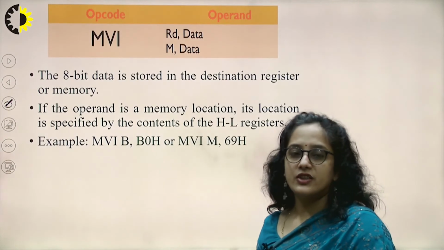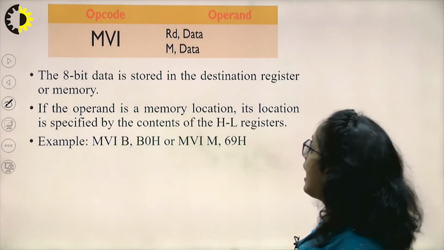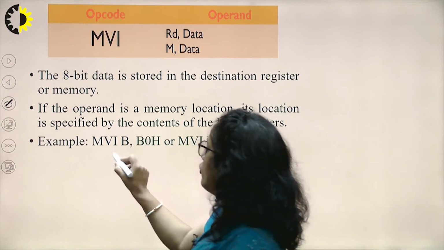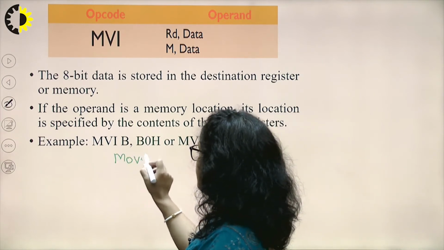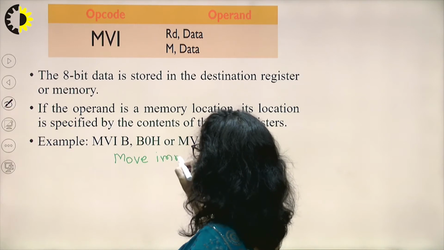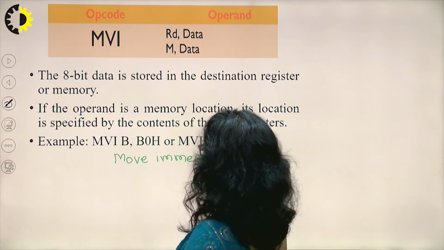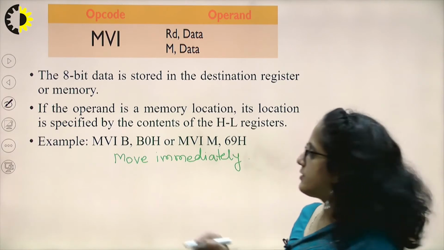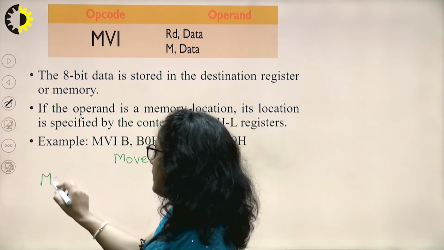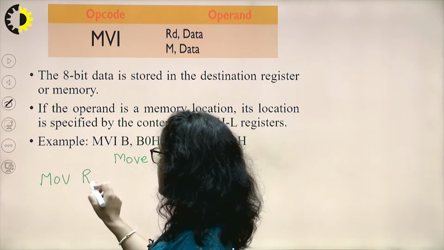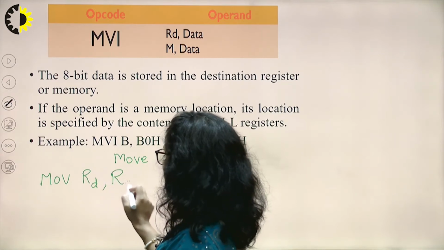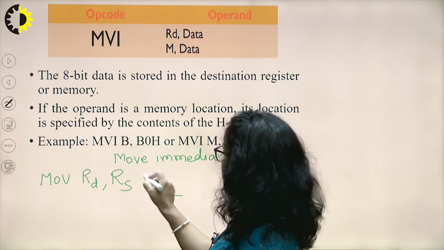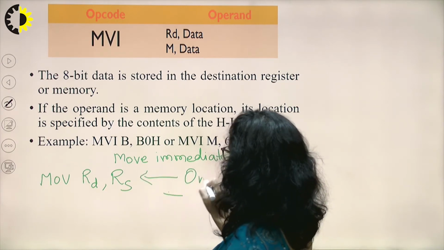The next instruction is MVI RD comma data. This MVI is move immediate. I missed one thing: whether it is MOV B comma A or MOV M comma B, in the general case, MOV RD comma RS is a 1 byte instruction.